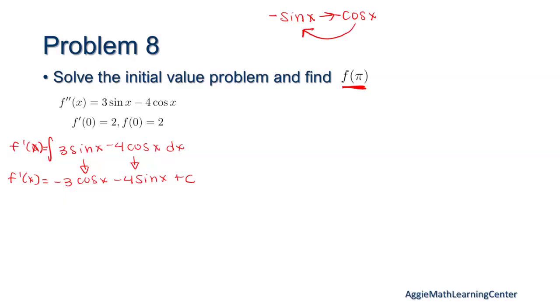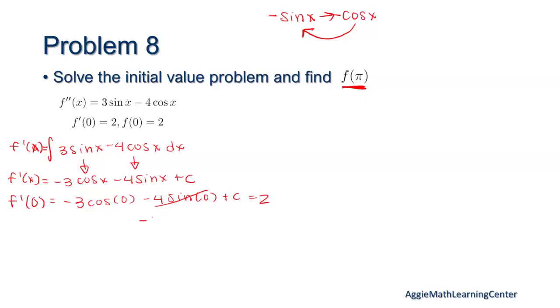Okay, perfect. So now I'm going to solve for f prime of 0, and that needs to be equal to 2. So I get negative 3 cosine 0 minus 4 sine 0 plus c equals 2. Sine of 0 is 0, and cosine of 0 is 1.